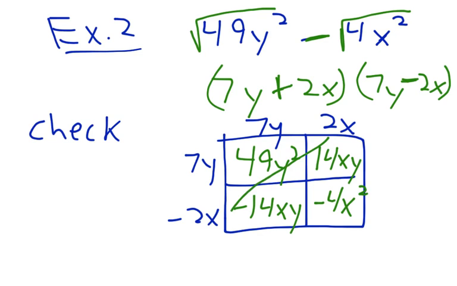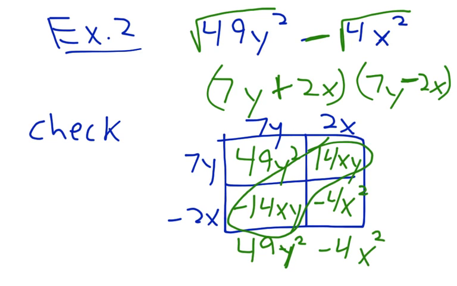And your diagonals are your like terms here. They both have xy's. And they cancel out because negative 14 plus 14 is nothing. So we're just left with the 49y squared minus the 4x squared. Is that what we started with? Yes, so we got it right.